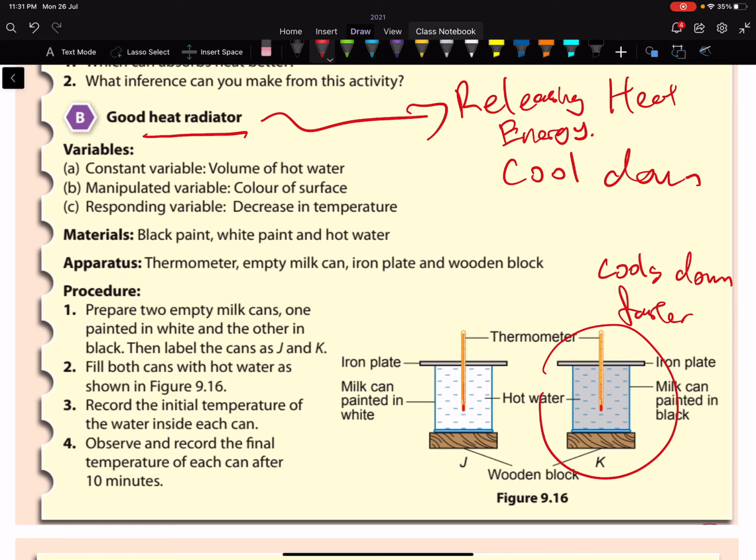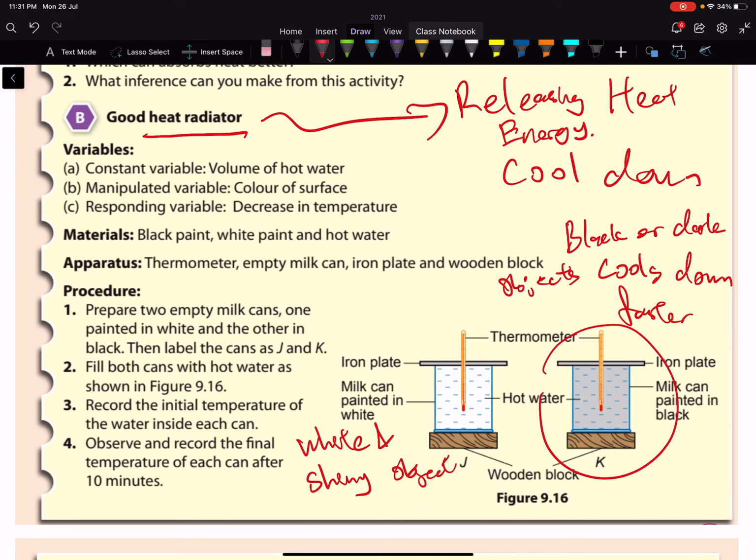Alright? So black or dark objects cool down faster, whereas white and shinier objects will cool down a lot slower.